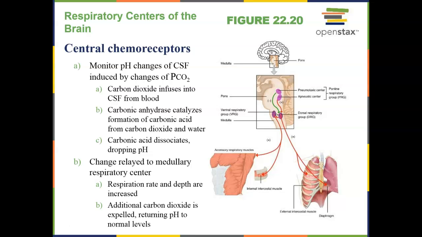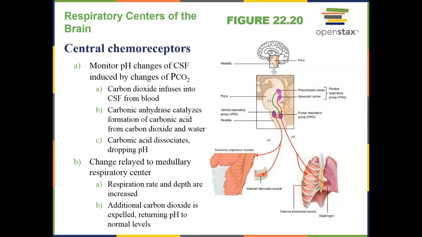They're found within your cerebrospinal fluid, and they detect changes in pH associated with changes in the partial pressure of carbon dioxide. So as partial pressure of carbon dioxide increases, the pH of our system decreases.